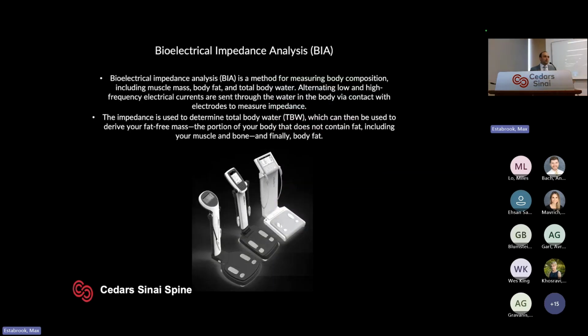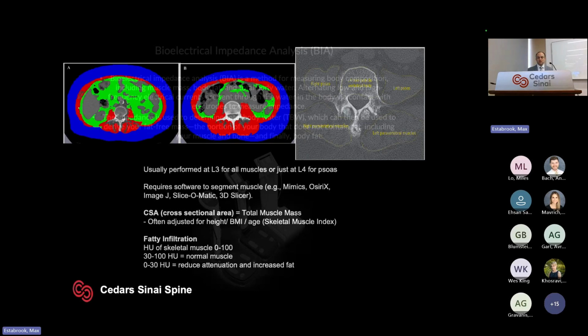There's also these new things called bioelectric impedance analysis machines that you can buy, and you stand there and hold 2 handles, and it runs alternating currents through and checks basically total body water content, which is essentially a measure of your fat-free mass. And then you can get a sense for sarcopenia from that. And actually, some spine clinics are using this around the country to assess sarcopenia in their patients. These are expensive, but they seem to be pretty accurate. So that's another way that people are doing this non-invasively.